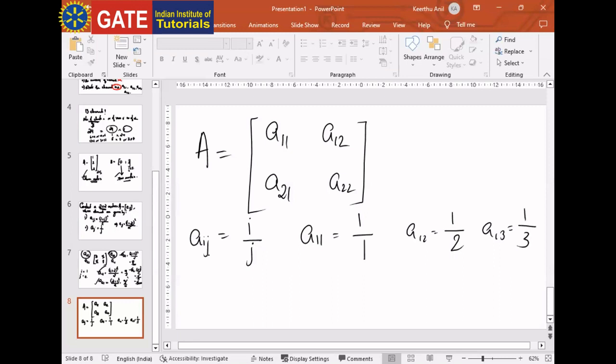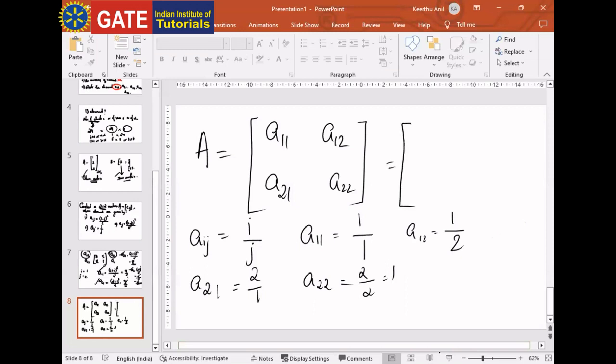Oh, actually, we don't require this 3, right? We have got only a 2 by 2 matrix. Fine, then only 2 is required. Now, A21: 2 by 1. Now, what is A22? 2 by 2, that is equal to 1. Got it? Now, we can have the matrix constructed, right?